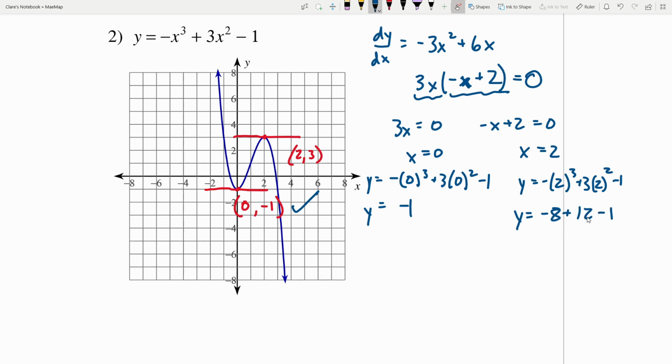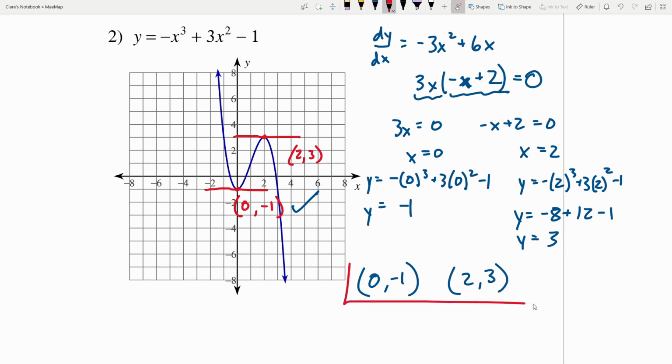Negative 8 plus 12 is a positive 4, minus 1. That will give us a y value of 3. So again, our 2 points are 0, negative 1, and 2, 3. That's where our function has horizontal tangent lines.